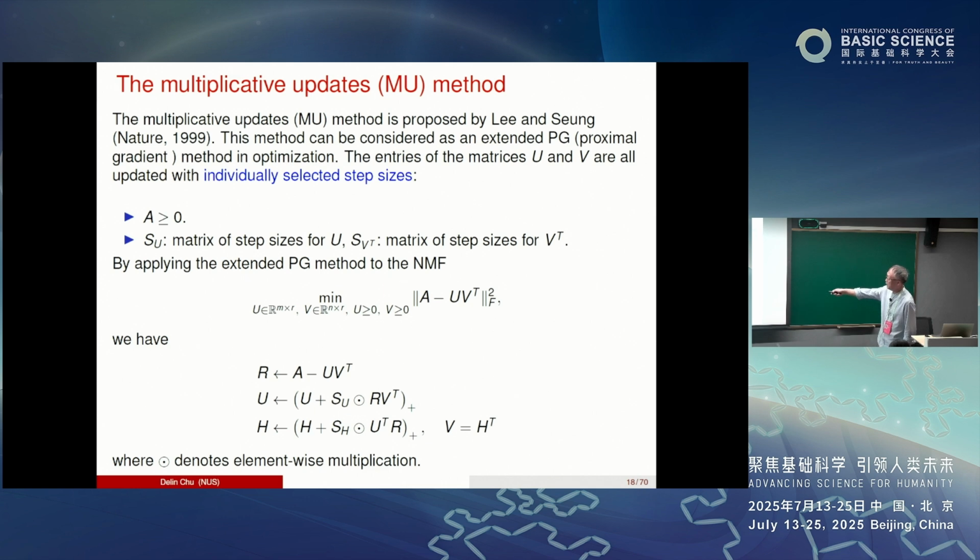Now suppose A is non-negative. Also, we denote S_U the matrix of step sizes for U, and S_V transpose the matrix of step sizes for V transpose. Now suppose we apply the projected gradient method to this optimization problem. Then we have this standard scheme. Then we just choose a particular step size for each element.